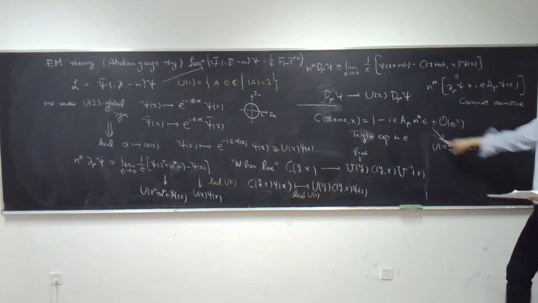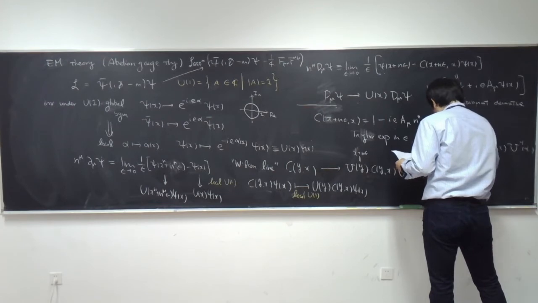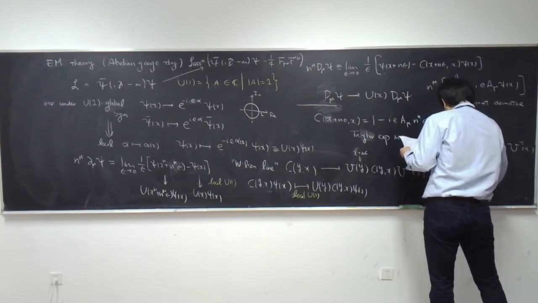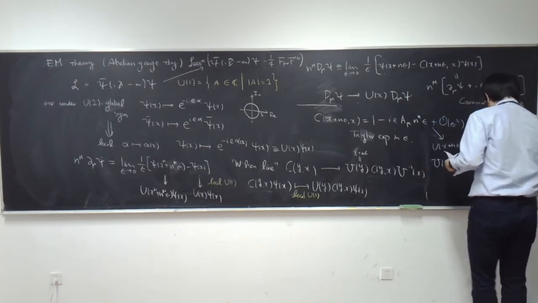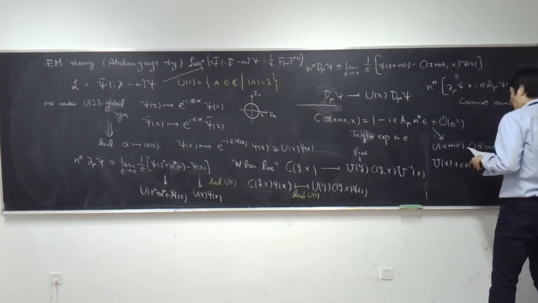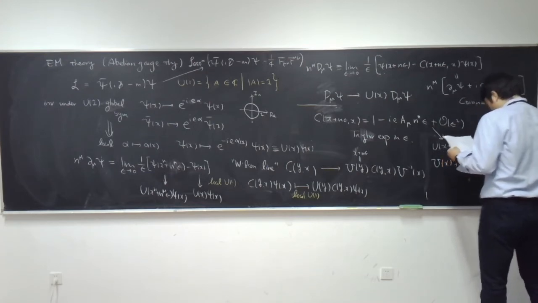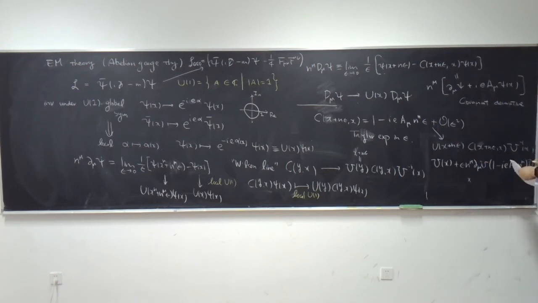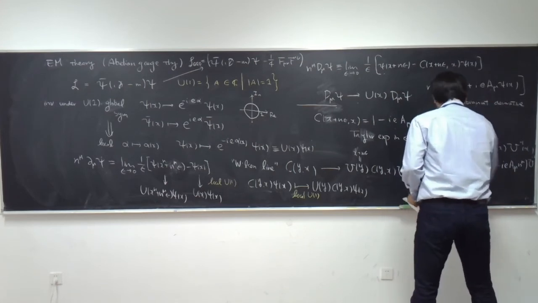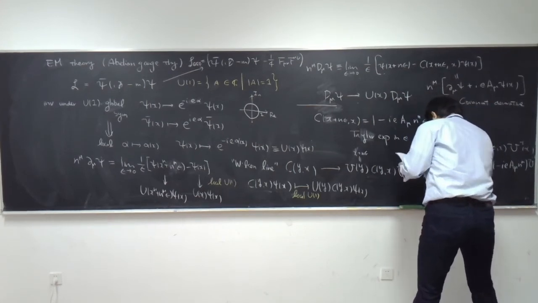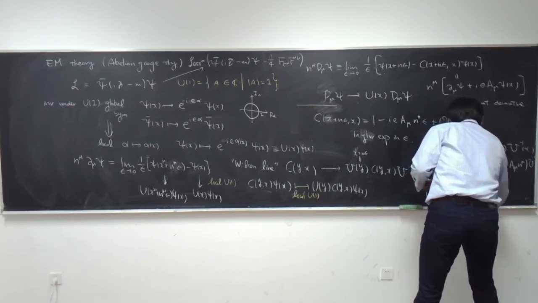Take a Taylor expansion and plug that in here, and what you will get is U(x) plus epsilon n^mu partial_mu U, times 1 minus i e A_mu n^mu, times U(x) and U inverse. And this will give you U(x) n^mu in leading order.